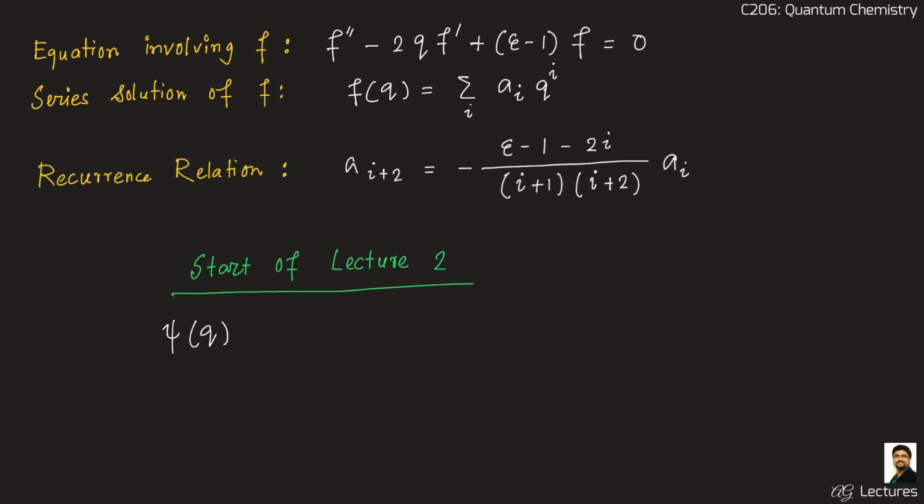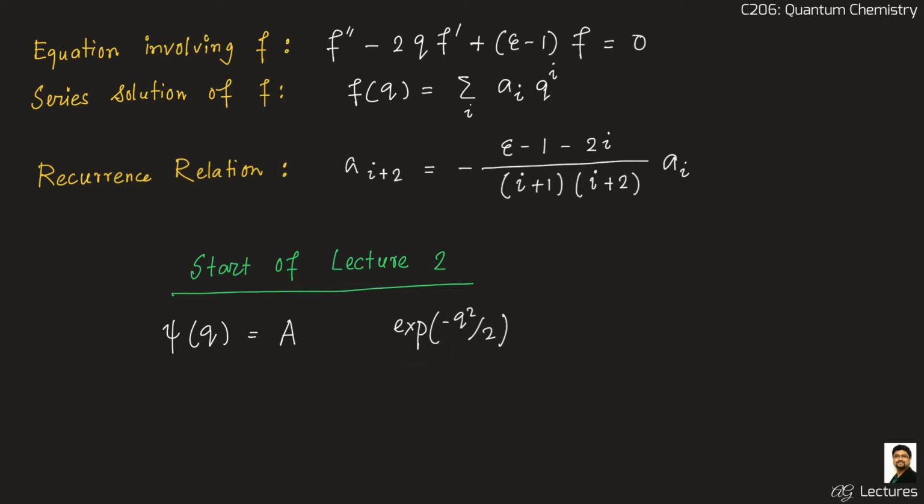We brought in the asymptotic part just to ensure that this wave function should go to zero slowly, smoothly, as q goes to plus or minus infinity.